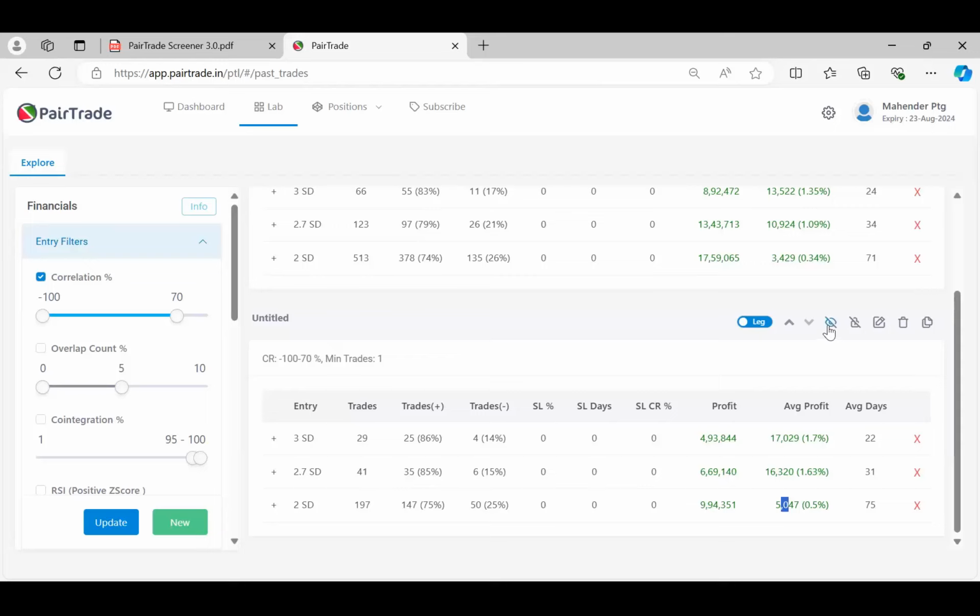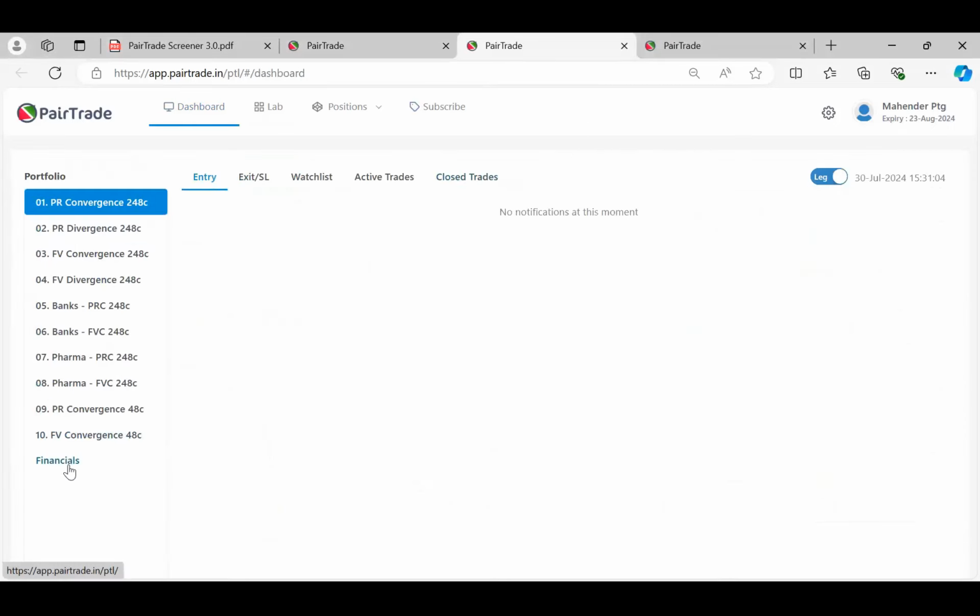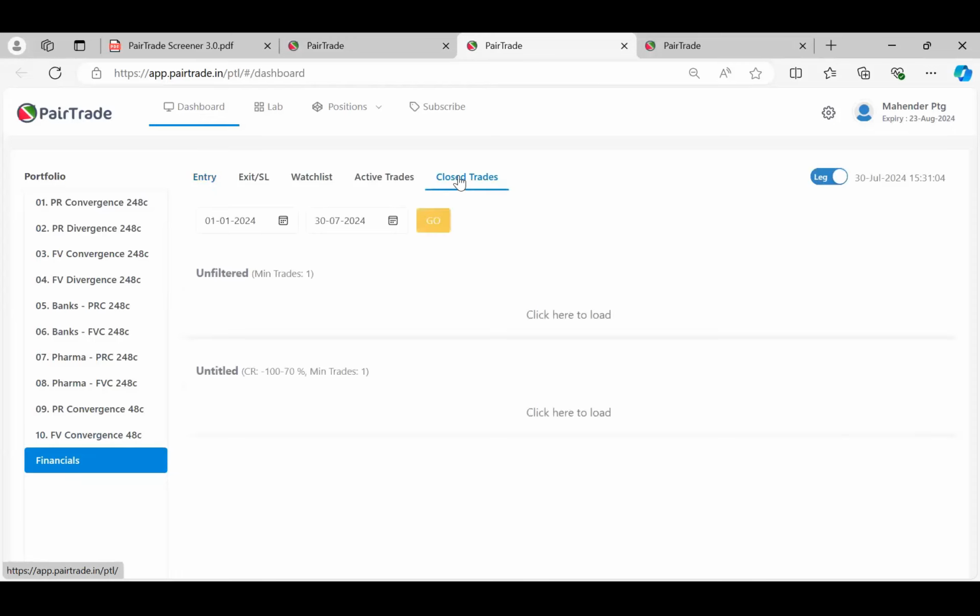So this is one combination. Now what I can do is see how, if I am using this combination, what would be the outcome in 2024. So I'll add this to the watch list. Now I'll go to dashboard. In dashboard there is financials, we go and there is closed trades here.